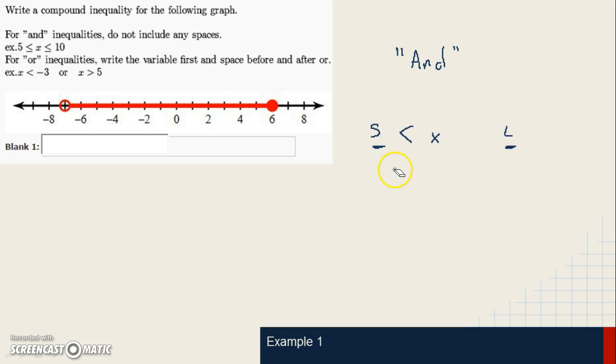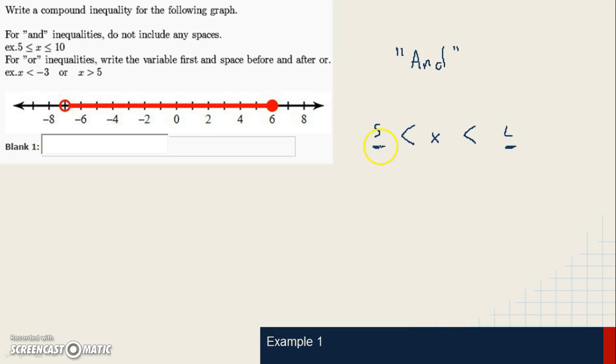And since I know that x is going to be larger than my smallest value, I can say that x is greater than my smallest value. And since I know that x is going to be smaller than my largest value, I can say that x is less than my largest value.